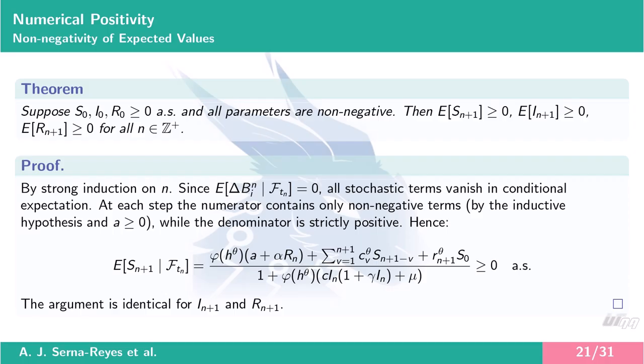The numerator of each recursive formula then contains only non-negative contributions by the inductive hypothesis, while the denominator is strictly positive. The argument is identical for all three compartments.